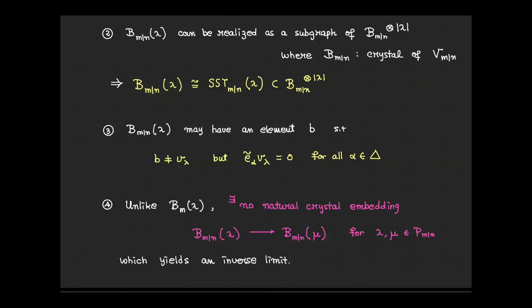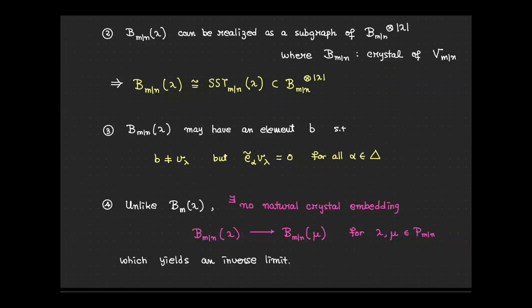In the case of gl_n, there is a natural partial order on the set of dominant weights, and there is a natural embedding of the highest weight crystals. So we can take a natural limit of that abstract crystal, and then eventually show that it is isomorphic to the crystal of the negative half of the quantum group. That's the story of the gl_n or the Kac-Moody algebra case.